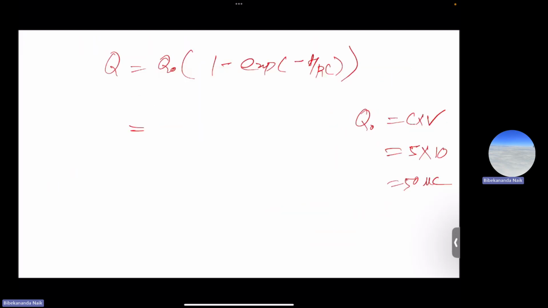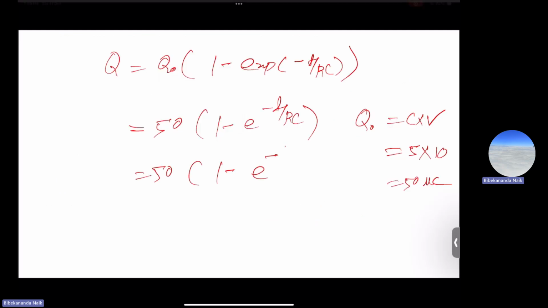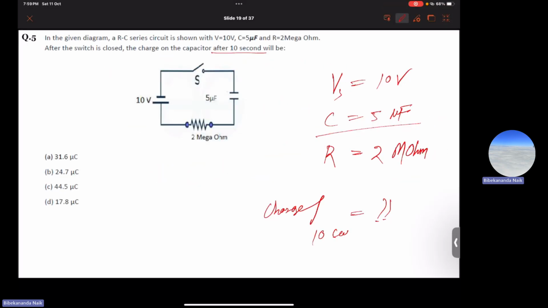So Q equals 50 (1 minus e to the power minus t by RC), where t is 10 seconds divided by RC.